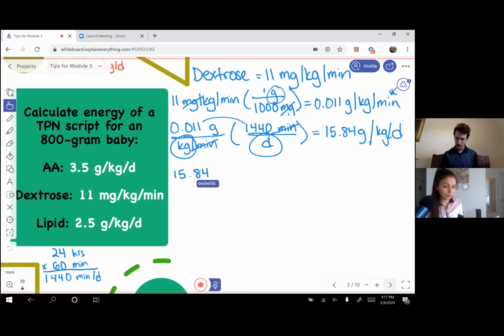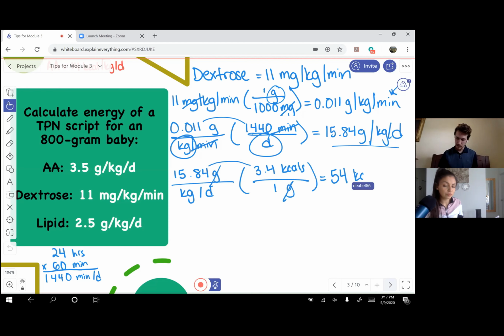Remember that this is the same as grams per kilogram per day, and we're going to multiply that by the 3.4 calories per gram. Now the grams are going to cancel. We're going to multiply the 15.84 times the 3.4, which would give us about 54 calories per kilogram per day. Nice.